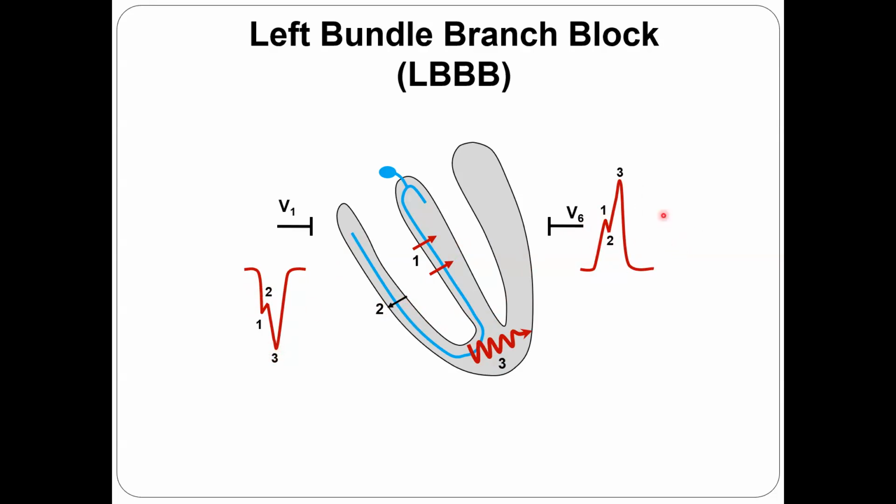So on the left side, we do have a wide R, and a negative S wave on the right side. As you see here, the ID time or the ventricle activation time is not altered because it is less than 1 millimeter. However, on the left side, yes, that has a pattern. It looks like an M. Whenever you do have a block on that side, we do have this notched R wave or M complex.